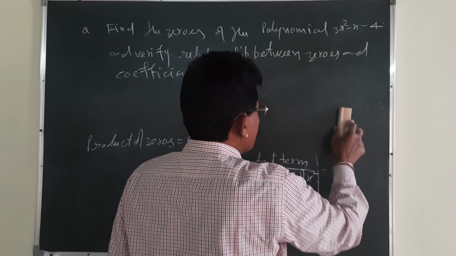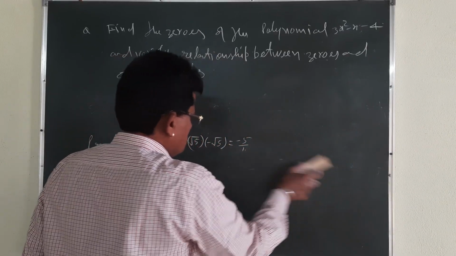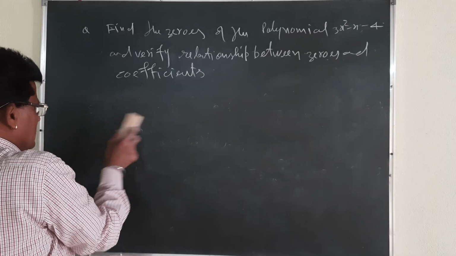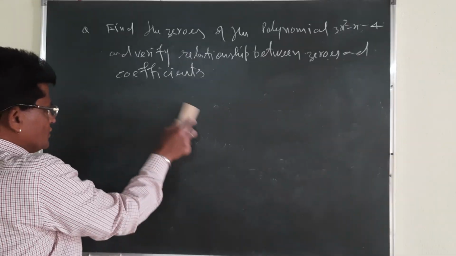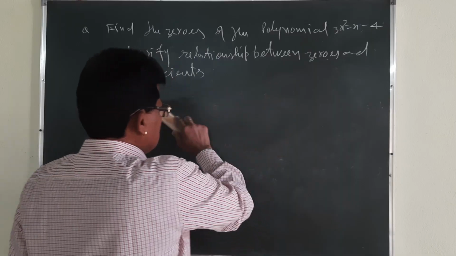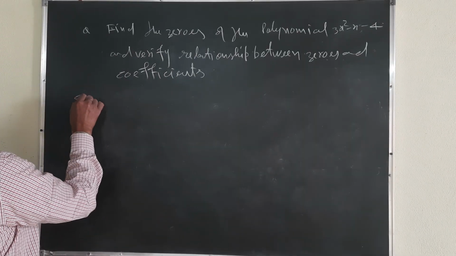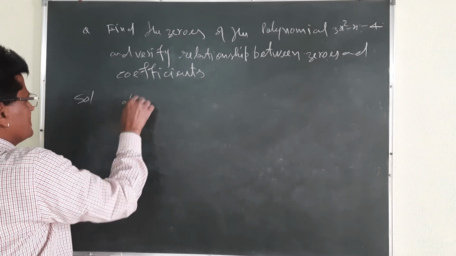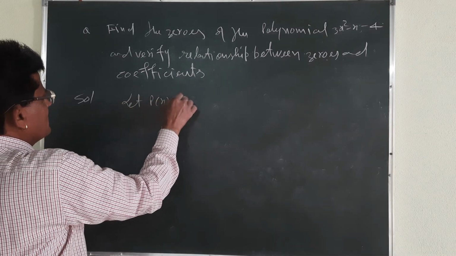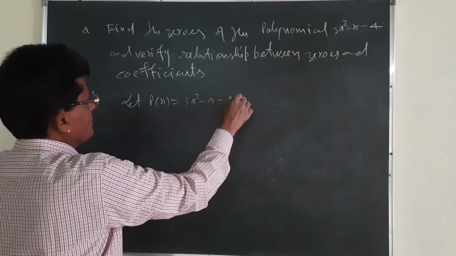See, everything I have discussed in my previous videos also. Just to make it convenient and easy to understand the solution, let p(x) equal 3x square minus x minus 4.